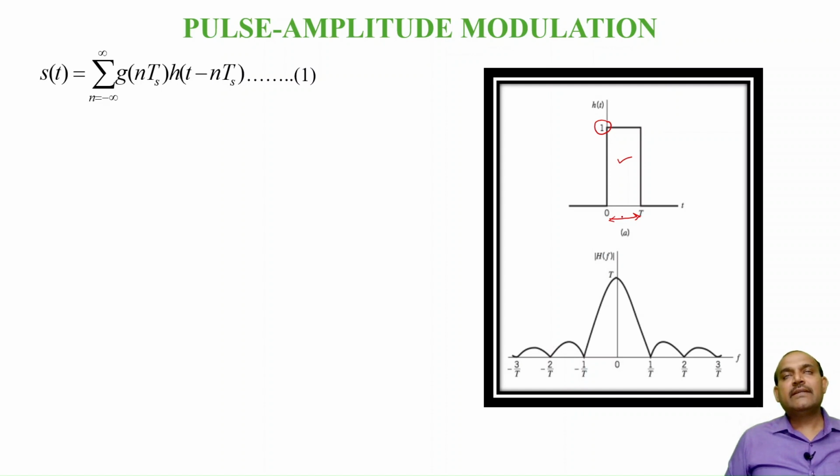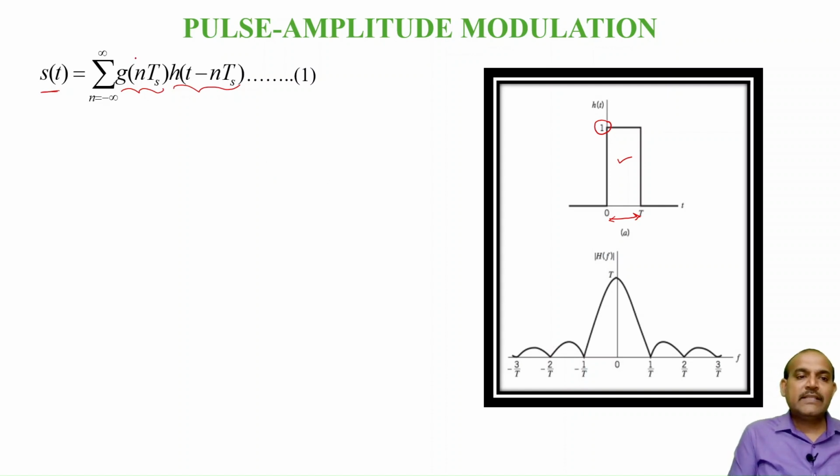Whereas in ideal sampling, I considered impulses, the ideal behavior, where the duration is assumed to be 0. Practically that is not possible, so in pulse amplitude modulation I have considered a pulse with width from 0 to T. Now I will rewrite the expression. s of t is equal to the summation, n ranging from minus infinity to plus infinity, of the samples of the input signal multiplied with the rectangular pulse h of t minus nTs.